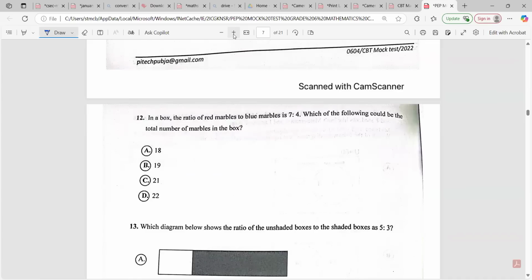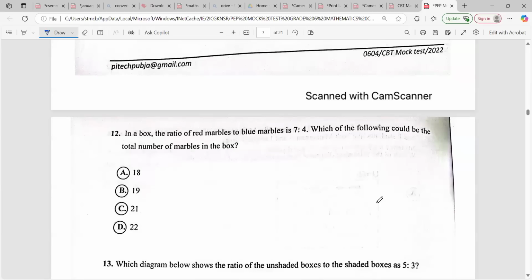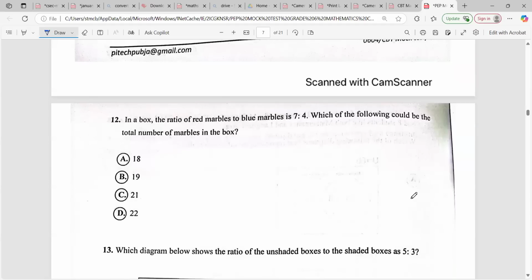All right, let's look at 12. The ratio, guys, ratio. In a box, the ratio of red marbles to blue marbles is 7 to 4. Which of the following could be the total number of marbles in the box? Could. I like this one. This one makes you think a little, right? Guys, I'm expecting a lot of ratio on the paper, you know.